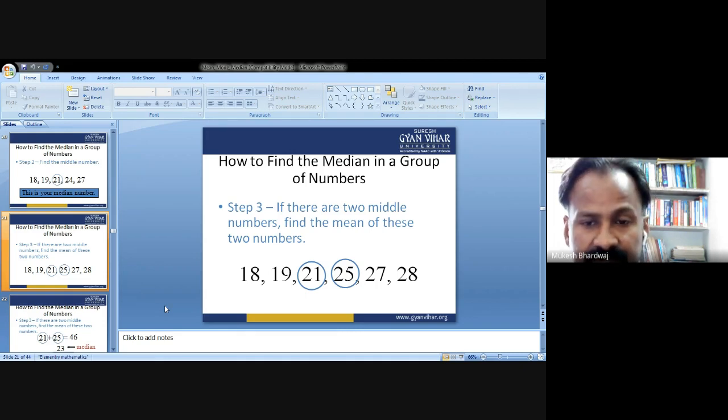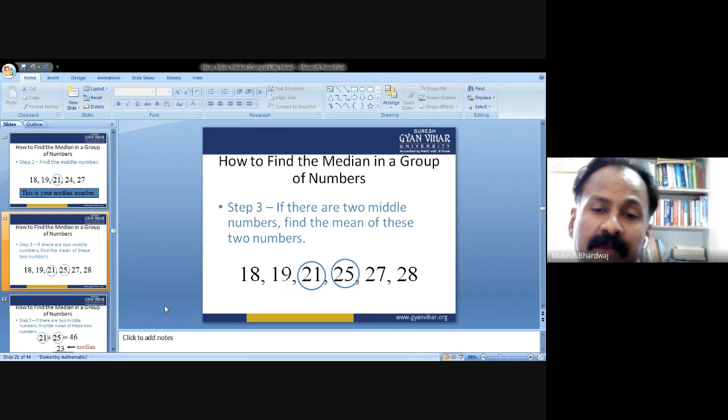Keep in mind, in odd numbers the middle number is present in the series, but in an even data set the middle value is not present in the series. But the method to calculate the median for an even set is very simple: you just add the two middle numbers and divide by 2. You will get the median.